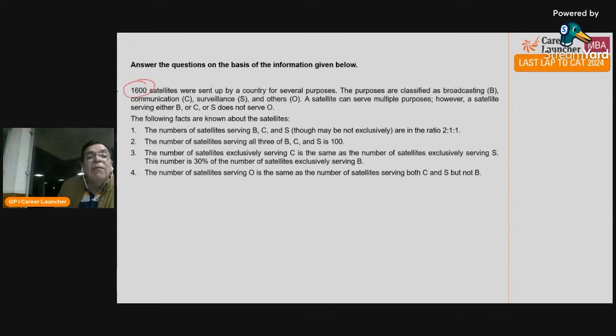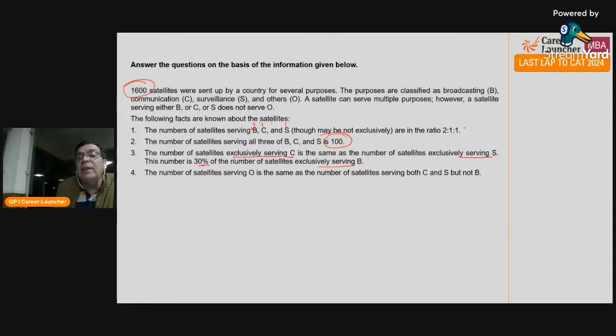So out here we have one number, but look at statement 1. The number of satellites serving B, C and S is in the ratio of 2:1:1. This is a ratio which is given. The number of satellites serving all 3 is 100. Then the number of satellites exclusively serving C is the same as the number exclusively serving S. This number is 30% of the number of satellites exclusively serving B. Again, this is a ratio.